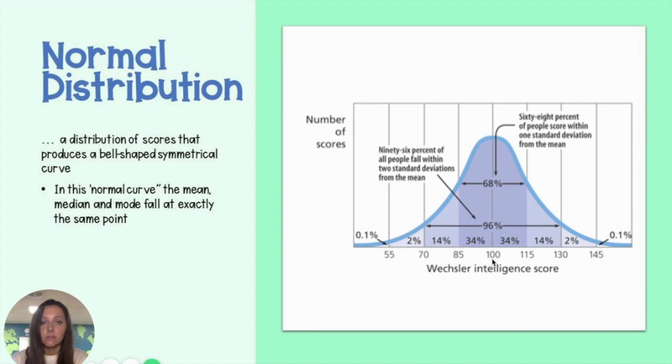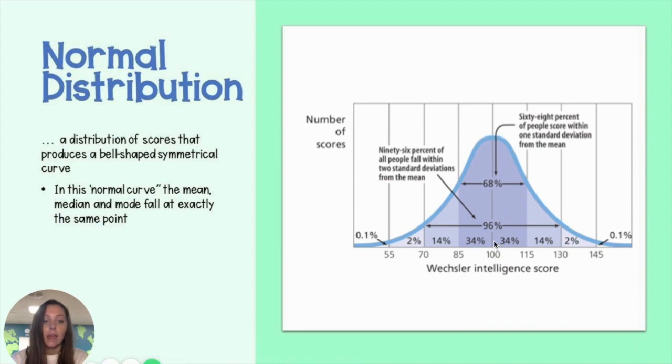There's a difference of 15, right? Same with 100 to 85. There's a difference of 15. If you keep going, if you add 15 to 115, then you get 130. If you take away 15 from 85, you get 70. So this is telling you that the mean is 100 and the standard deviation is going to be 15.